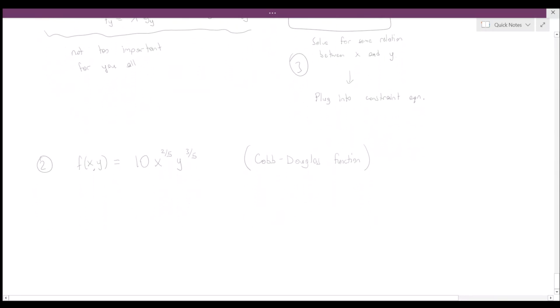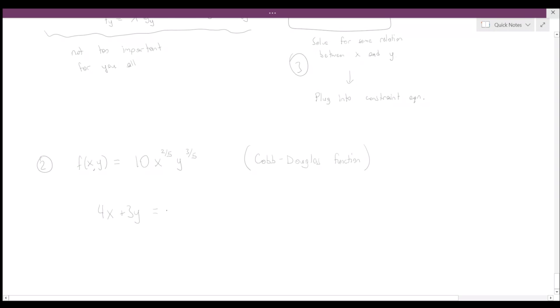So if the cost is $4 per unit of labor, and X represents the total amount of labor, and if the cost per unit of capital is $3, and Y represents the total amount of capital that we need, then this is going to tell us what the total cost was for all of the labor and capital that we use.